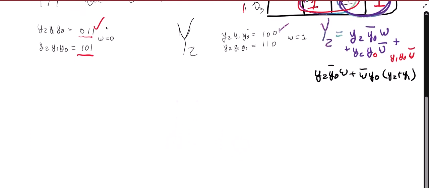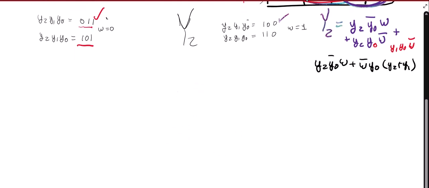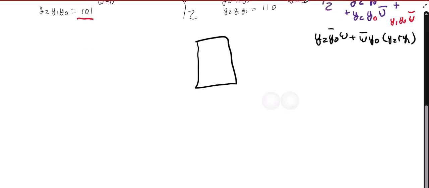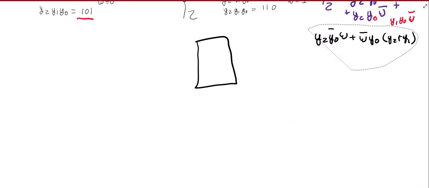Okay, so now let me draw this. I will have my 3 flip-flops. My 3 flip-flops will be corresponding to capital Y0, Y1, and Y2.